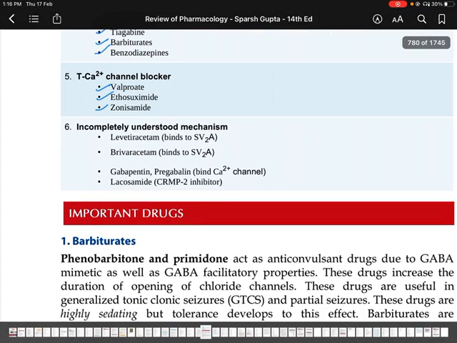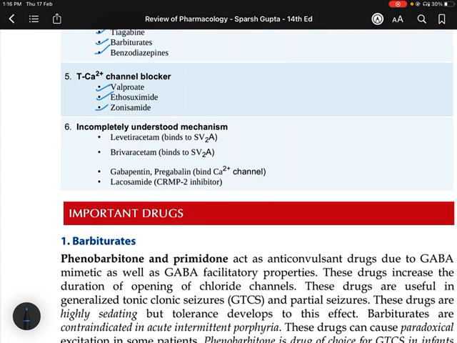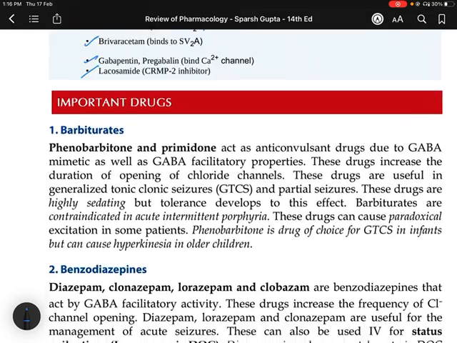It's not given here. Now, for incompletely understood mechanisms: levetiracetam and brivaracetam bind to SV2A, and gabapentin, pregabalin, and lacosamide.